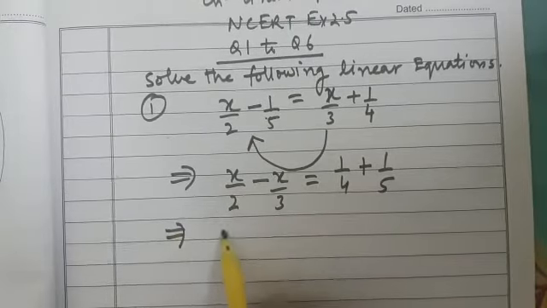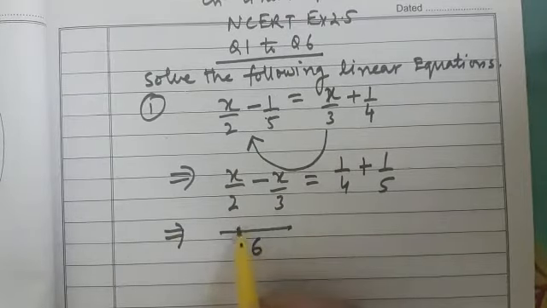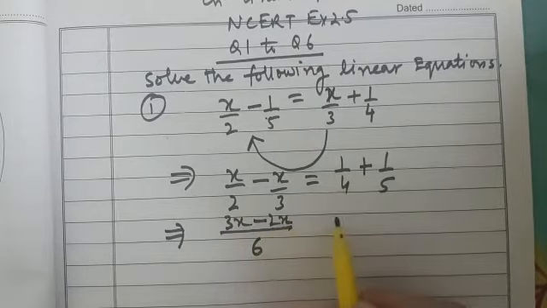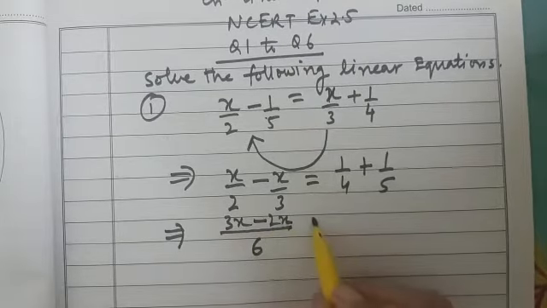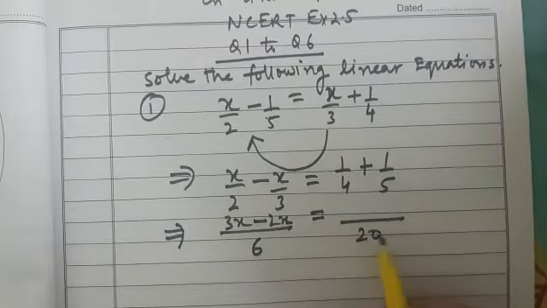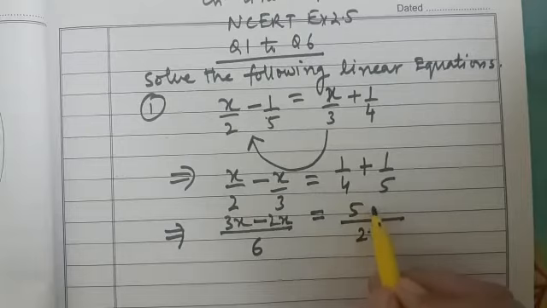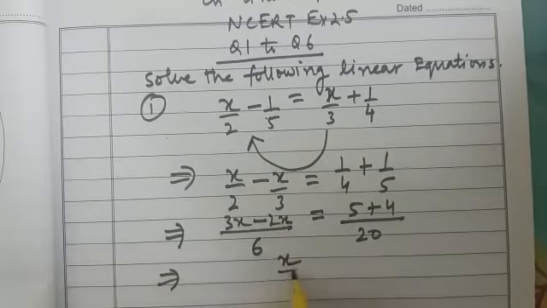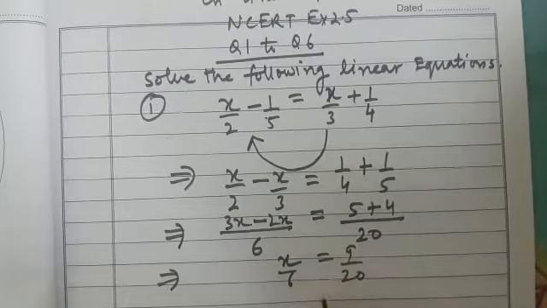Now we see that we can take LCM here. So numerator will become 3x minus 2x. So this is equal to, here also you can take LCM and we get 5 plus 4 in the numerator. So this implies x upon 6 is equal to 9 upon 20.